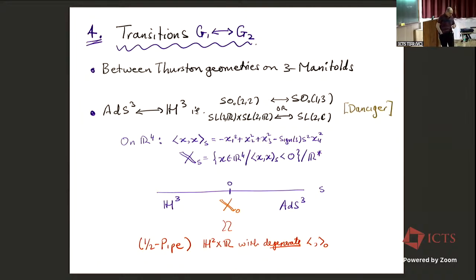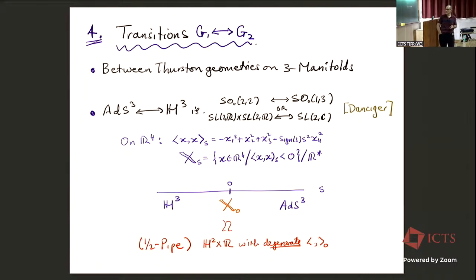Okay, so in the last part of the talk, I want to say some things about what you see if you compare two different situations, so if you have two different groups, just in general G1 and G2. One setting where this is a very important consideration is in the setting of three-manifolds.